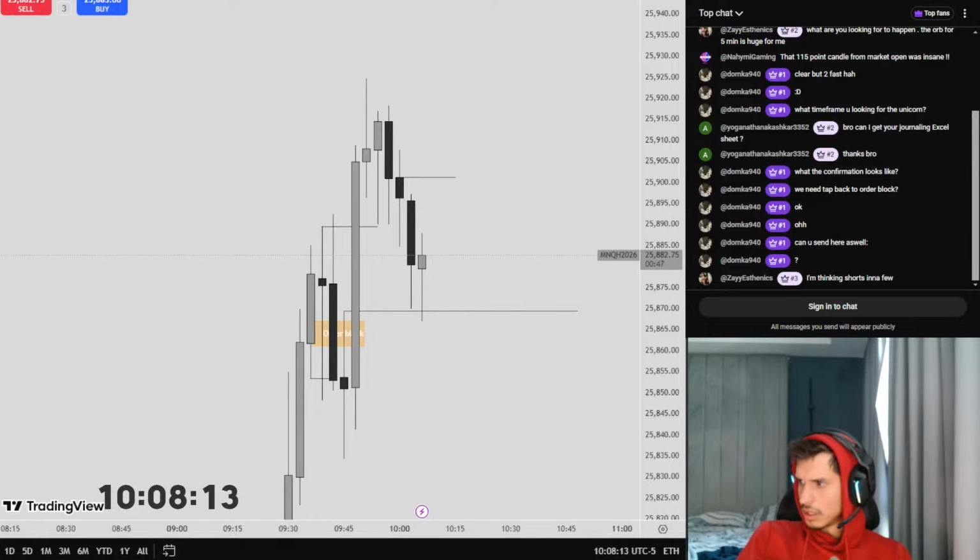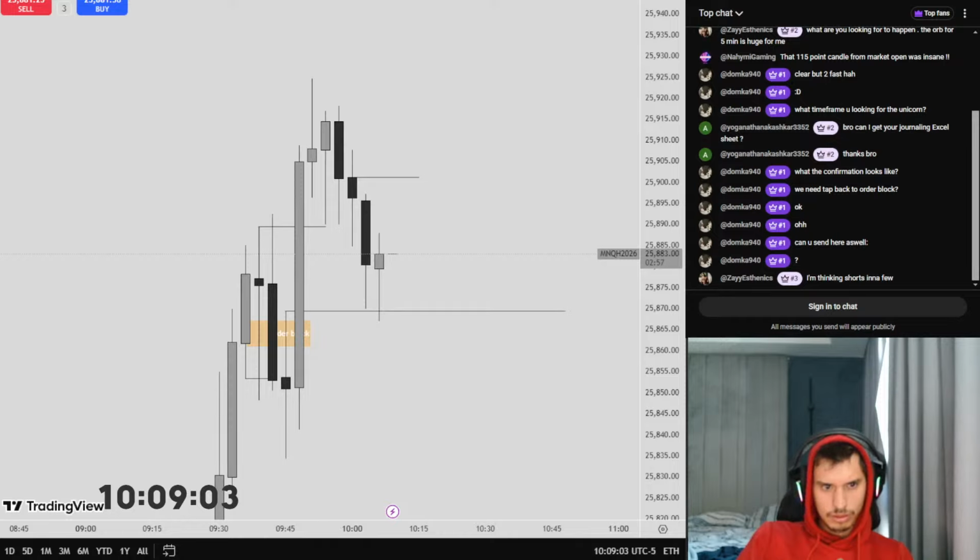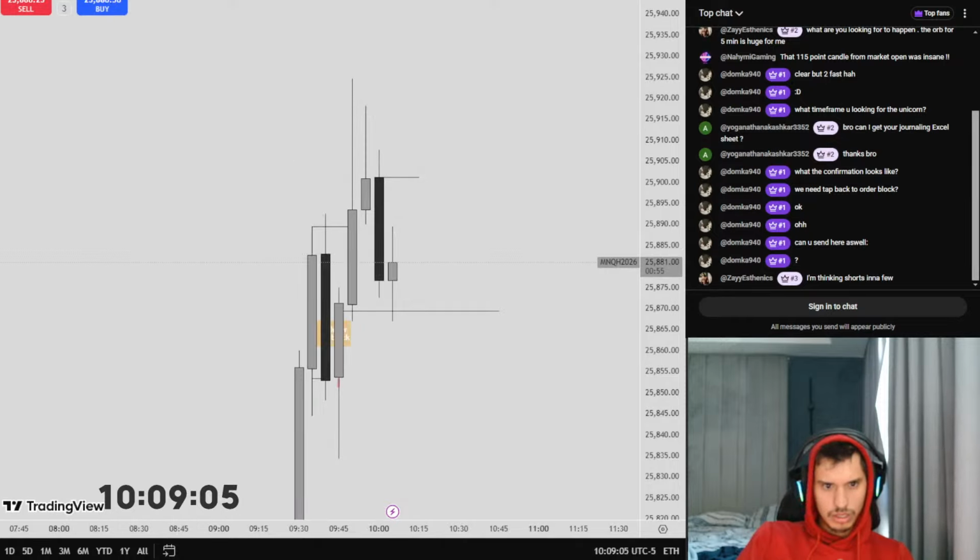Three more minutes for the 3 minute candle close. Does not look like it's gonna inverse. 5 minute candle close, you have 50 seconds.